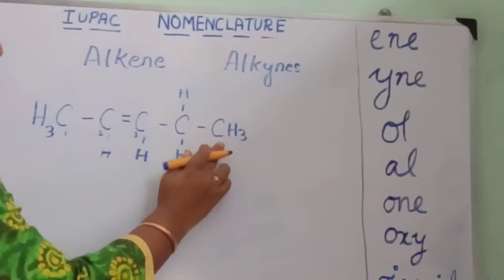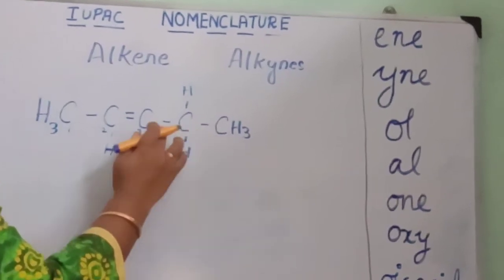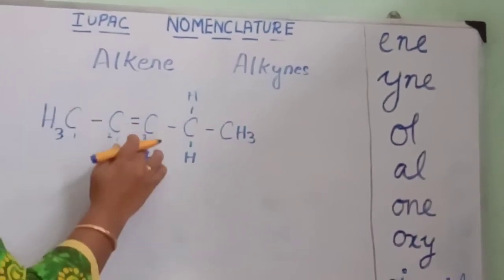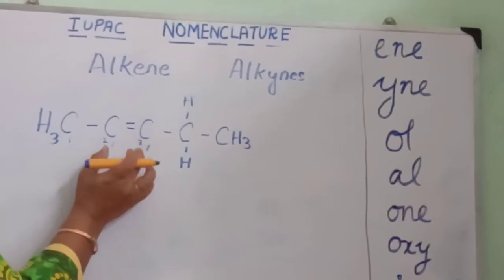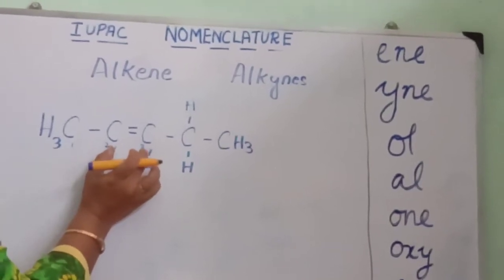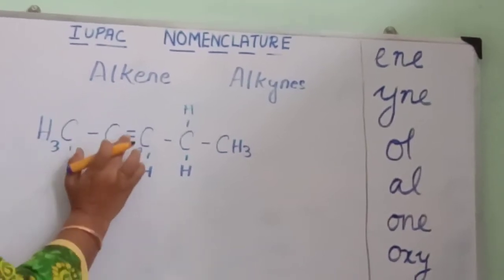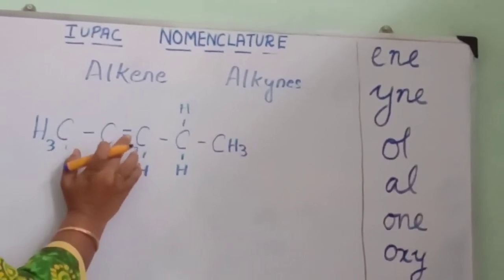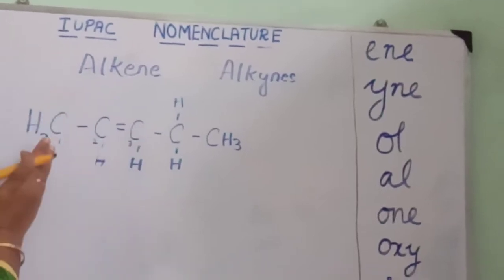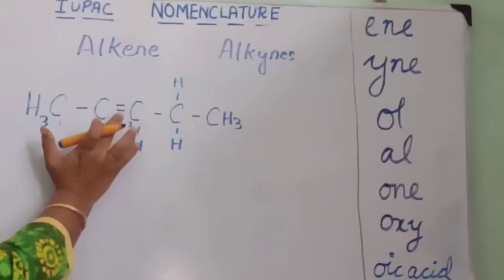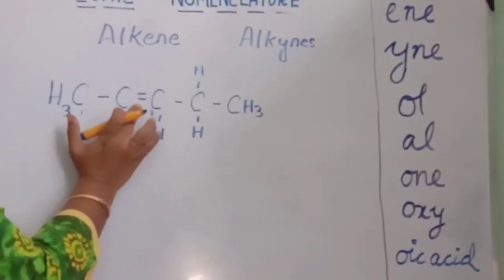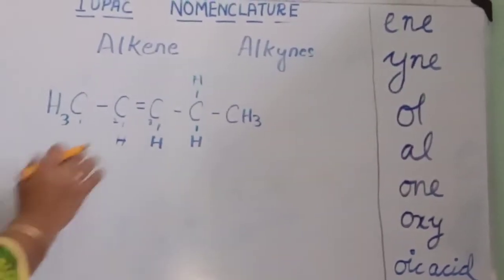If I start numbering from the other end, the number will be 3, the double bond is between 3 and 4. So we have to start numbering from that end of the carbon chain which gives the least number to the double bond.